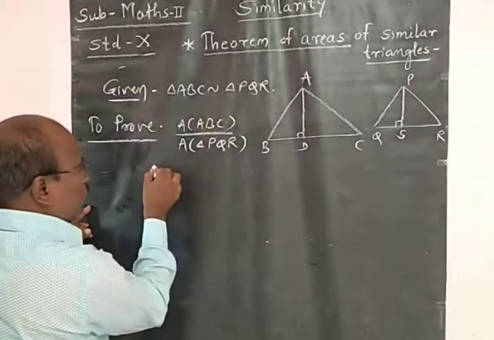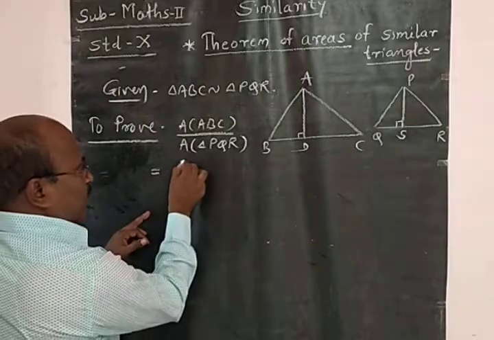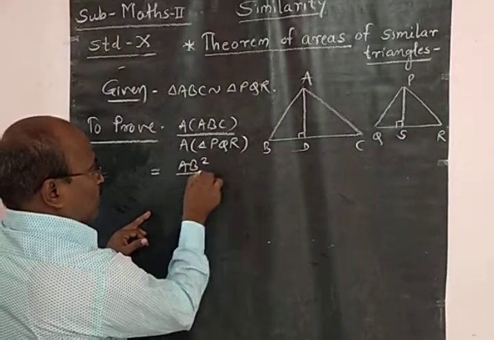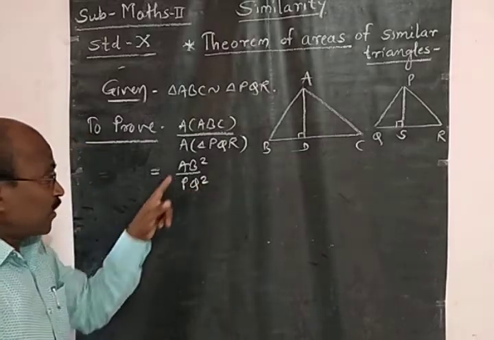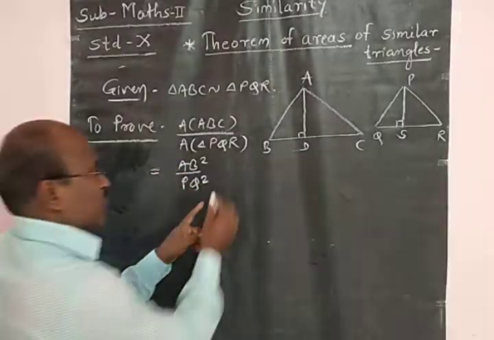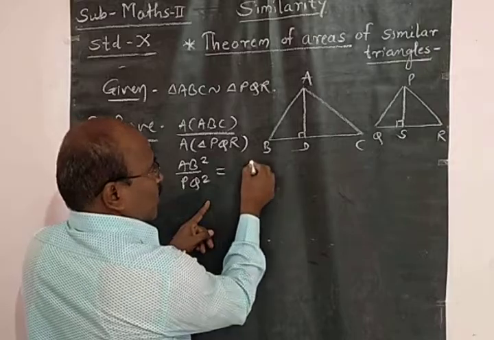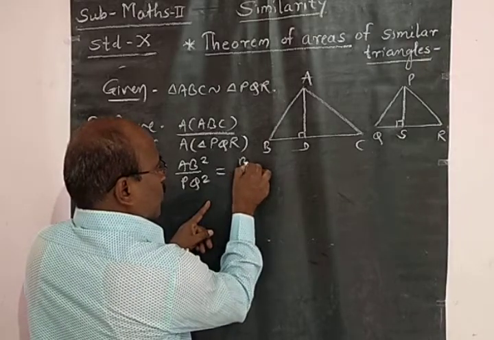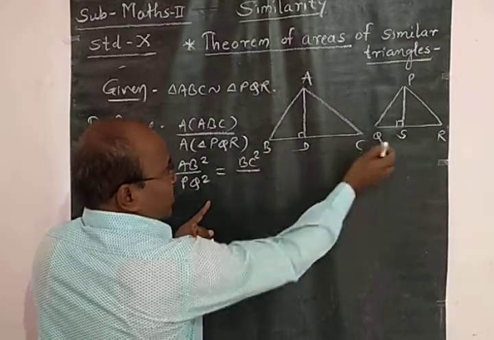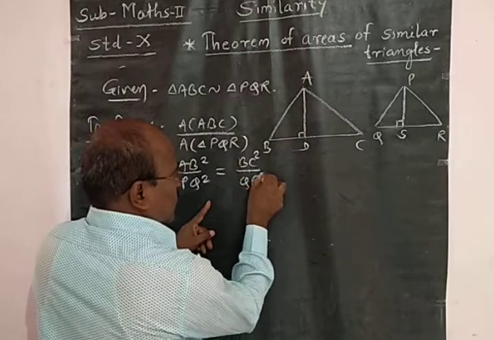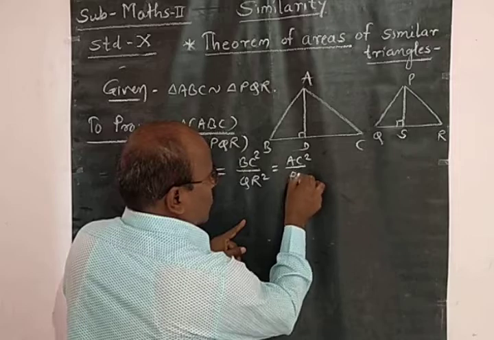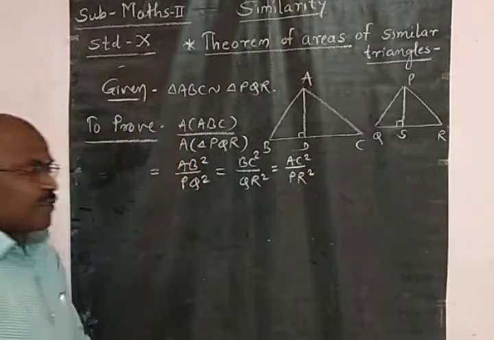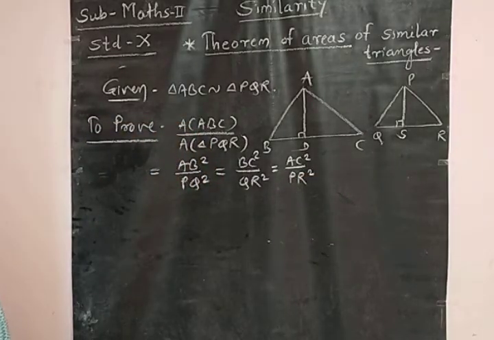Is equal to AB square upon PQ square, the ratio of the squares of their corresponding sides, AB square upon PQ square is equal to BC square upon QR square is equal to AC square upon PR square. It is to be proved here.